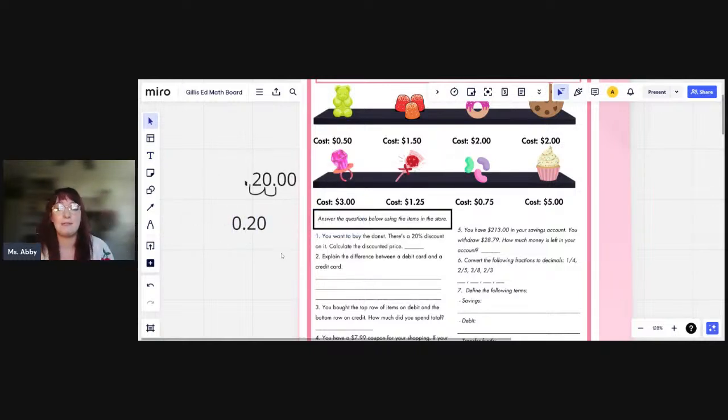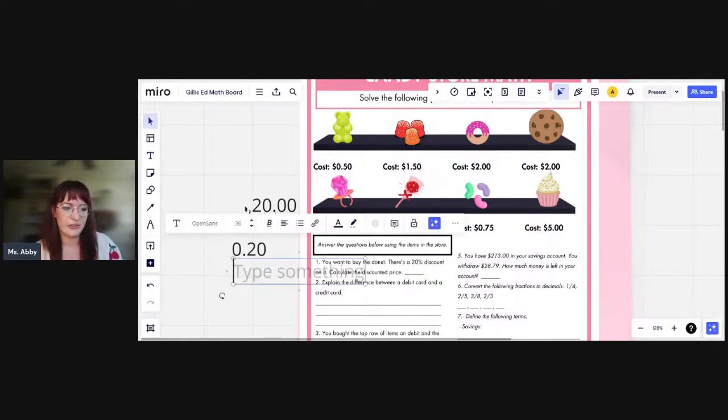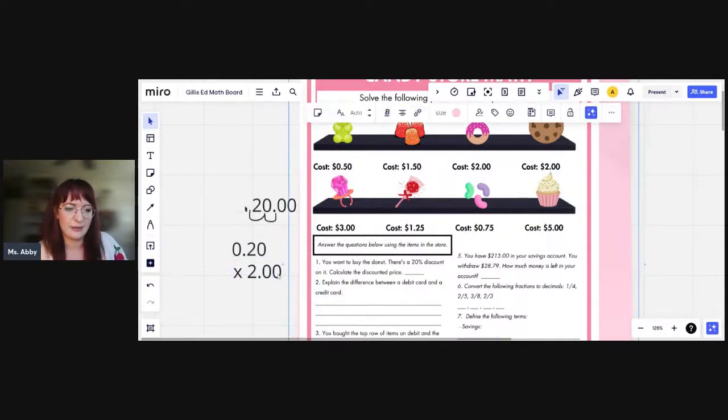So once we have that discount in decimals, we are going to multiply it times the price that we are trying to discount. In this case, it's going to be the donut right here, which is $2. So we are going to multiply it times 2.00 because dollars represent a whole.